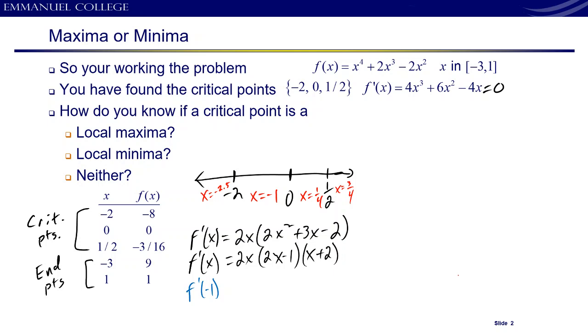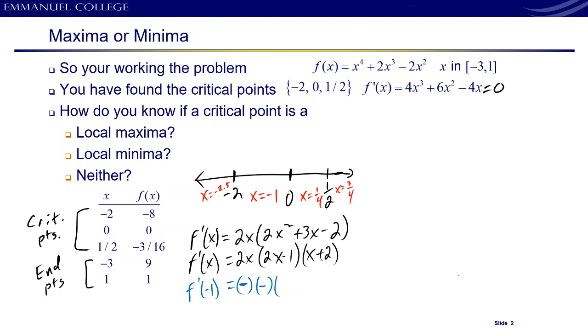If you do have a calculator, the nice thing is you just plug in these in-between values, and here's all you care about. If I plug in negative 1, this is going to become some negative value. 2 times negative 1 minus 1 is also going to be a negative value.